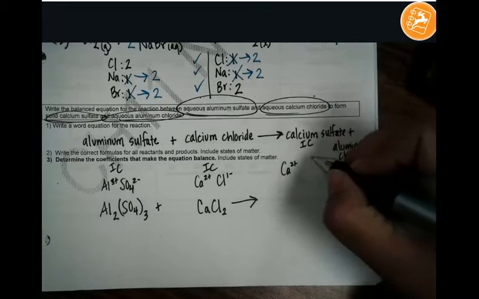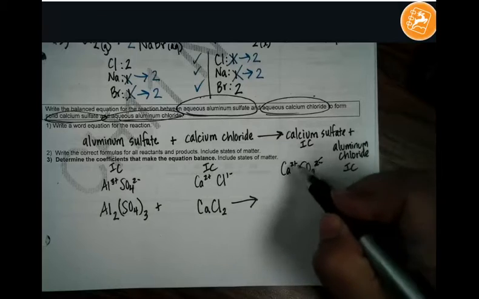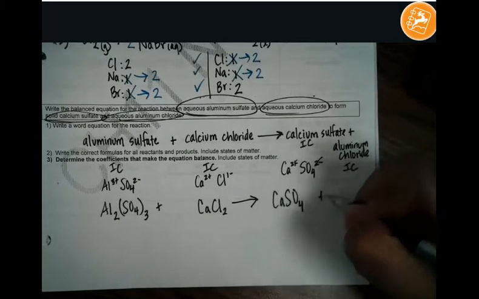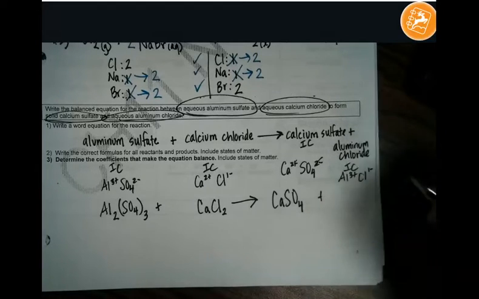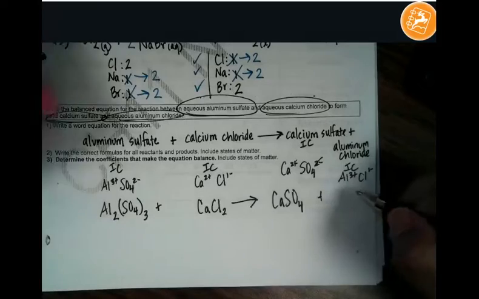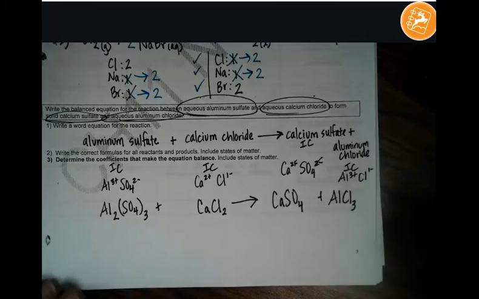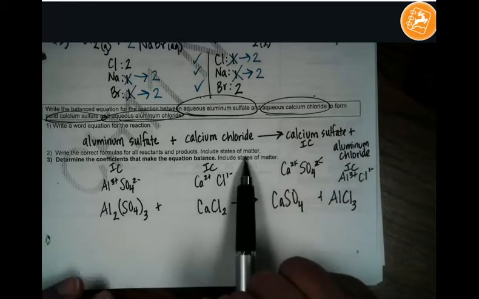This one's going to be Ca2 plus, sulfate we already know is SO4 2-, reduce, crisscross, these cancel, I have CaSO4 plus, aluminum chloride will be Al3 plus and Cl 1 minus. That gives me AlCl3. Now remember, with number 2, I have to also include the states of matter.